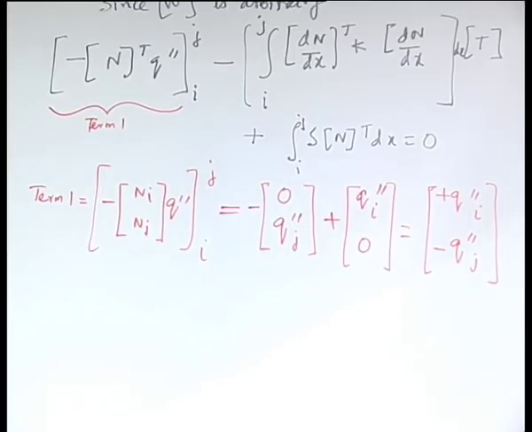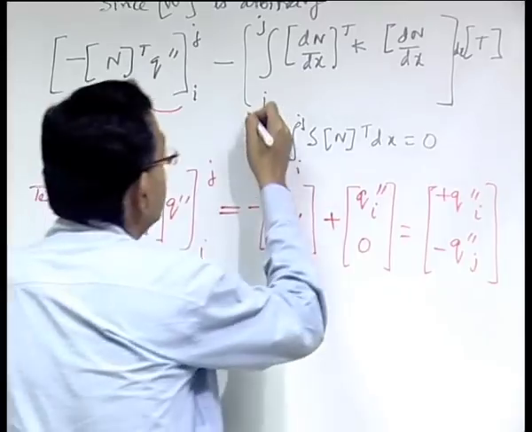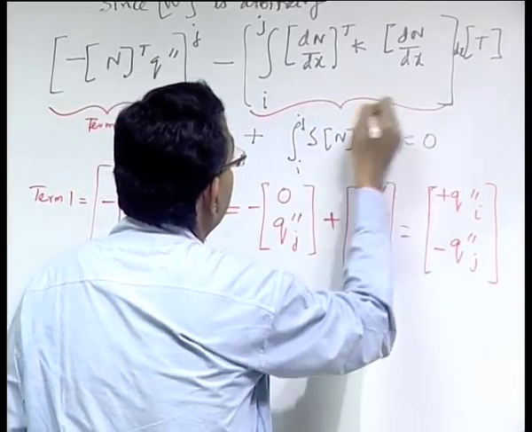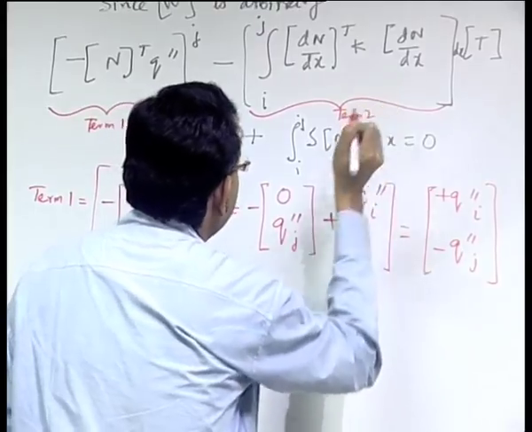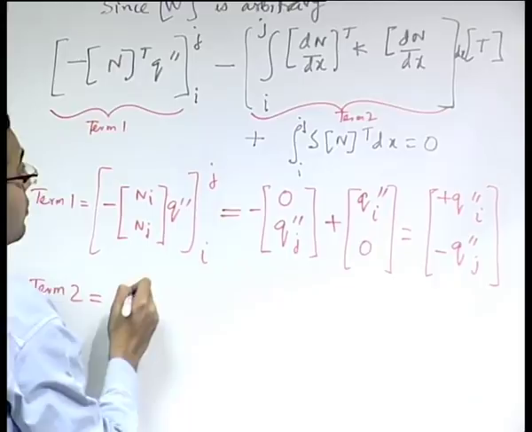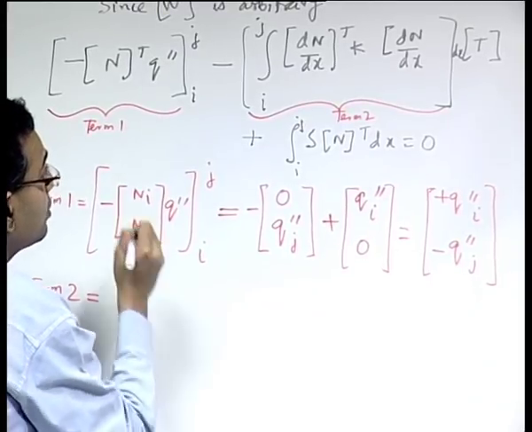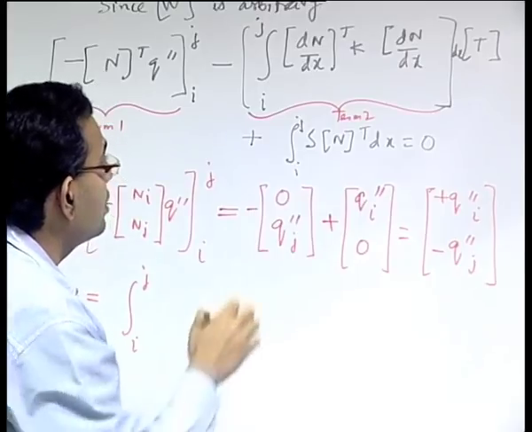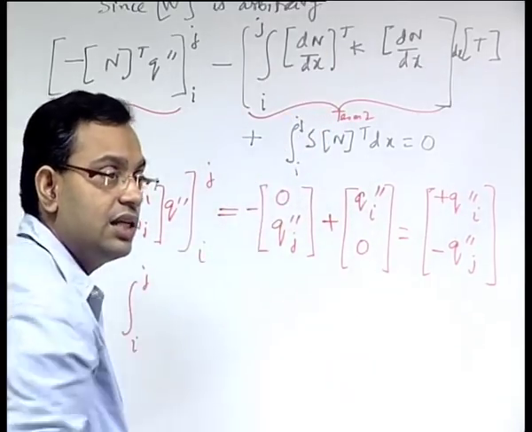Okay. Then let us consider the term 2, excluding the minus sign. So term 2, integral i to j dN dx transpose. What is dN dx? dNi dx and dNj dx.